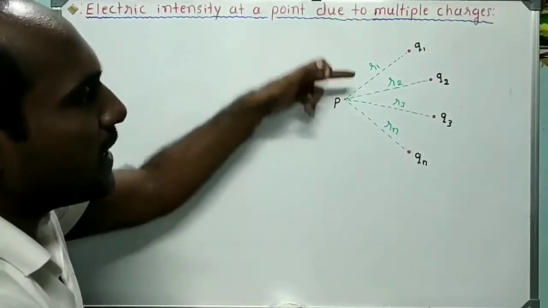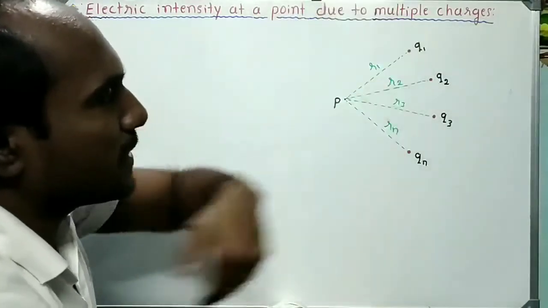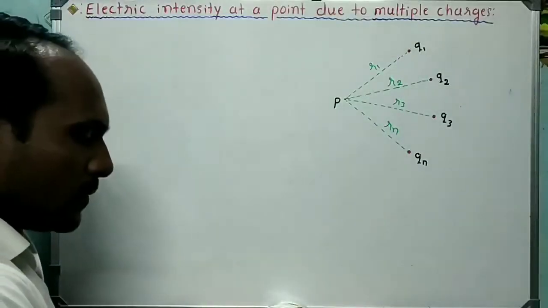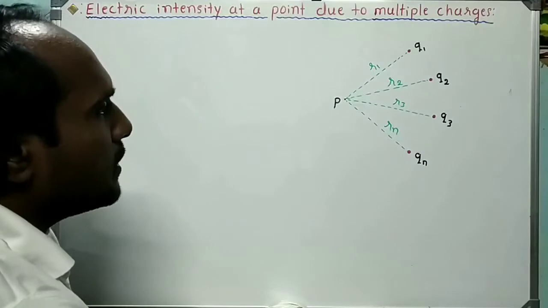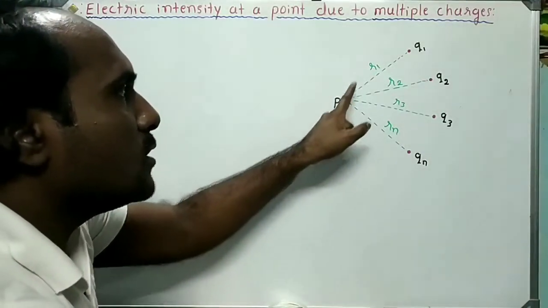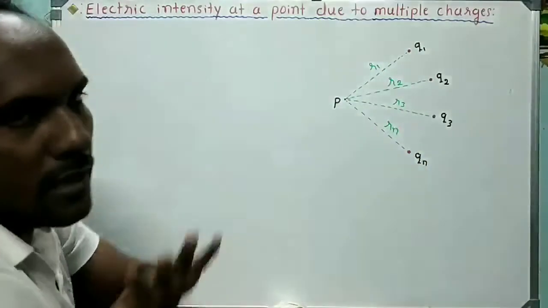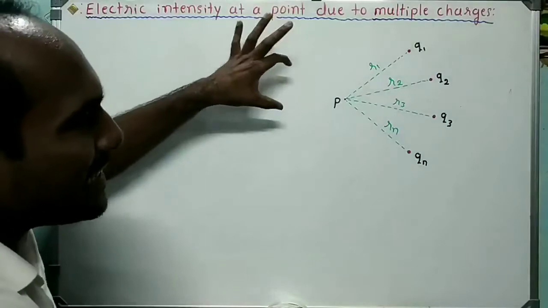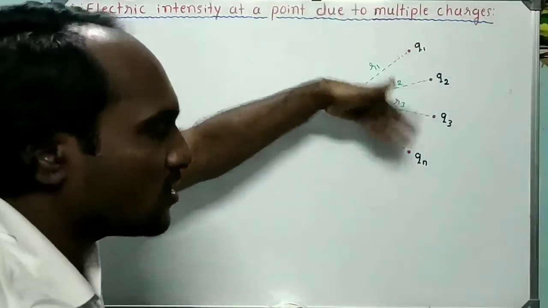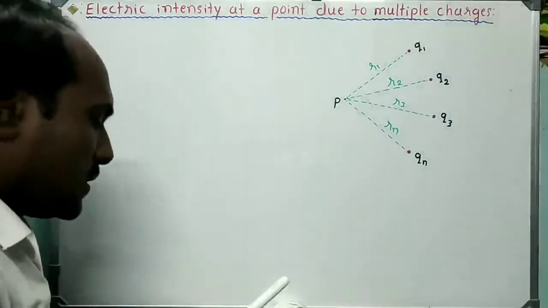Let P be a point at a distance R1, R2, R3 up to Rn respectively. Now we are going to derive the electric intensity at a point P due to Q1, Q2, Q3 and Qn charges. What is the total electric intensity at point P due to all these charges, that we are going to derive.